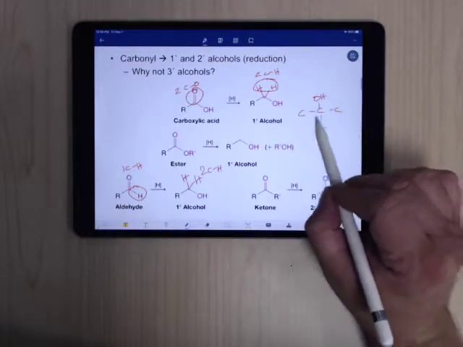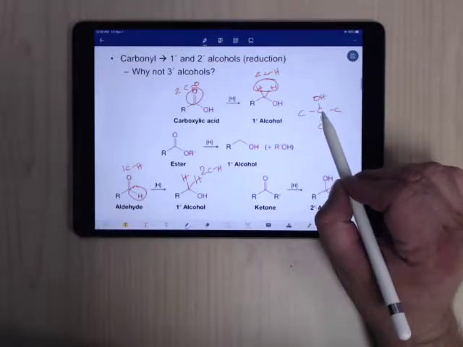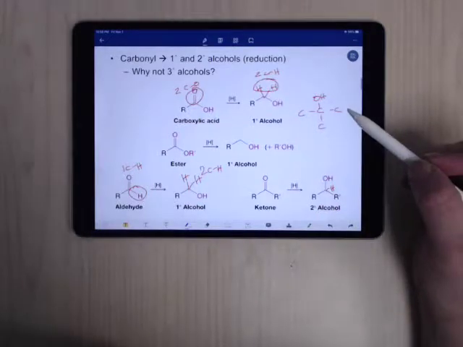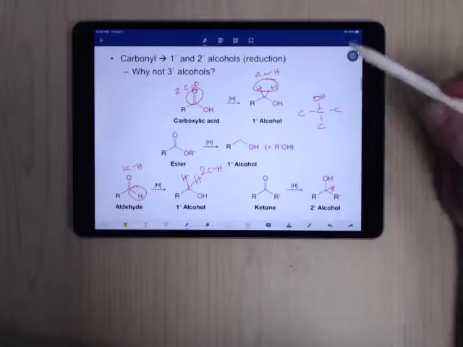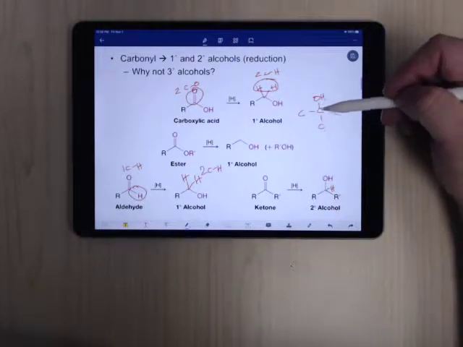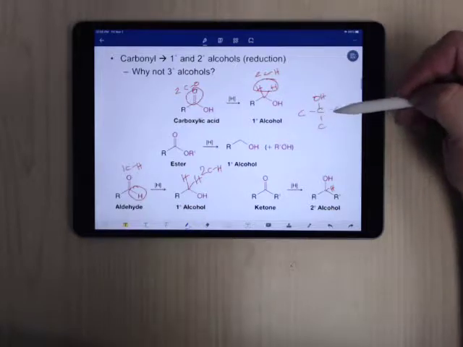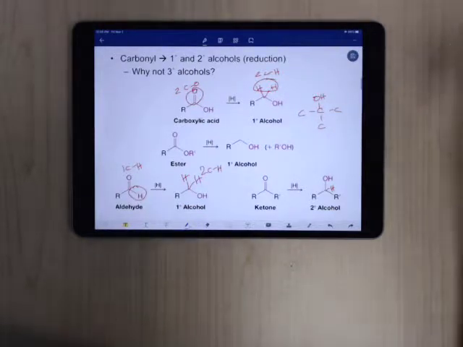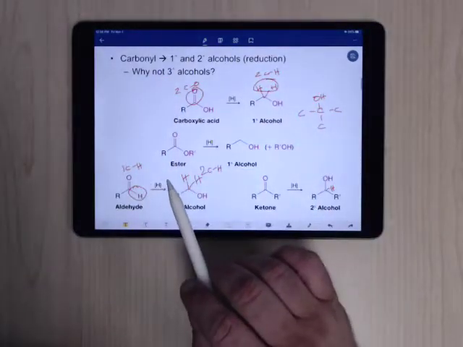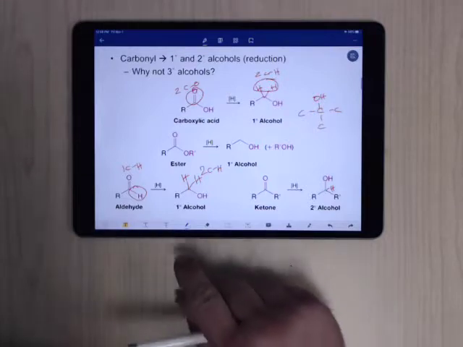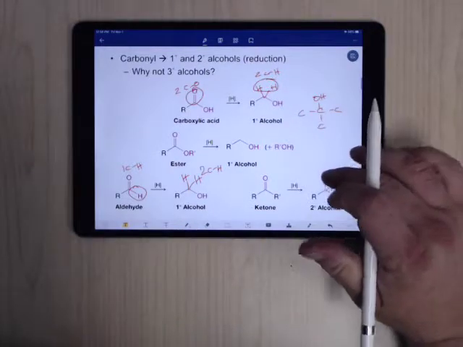There are no CH bonds hanging off of that carbon. So there's no fuel to burn to be able to make a new C double bond O. Plus, even if you tried, you would get a ketone, a double bond here. You're not going to break a carbon-carbon bond, so you'd have 5 bonds. So there's a lot of issues with it. So tertiary alcohols are going to be resistant to oxidation.